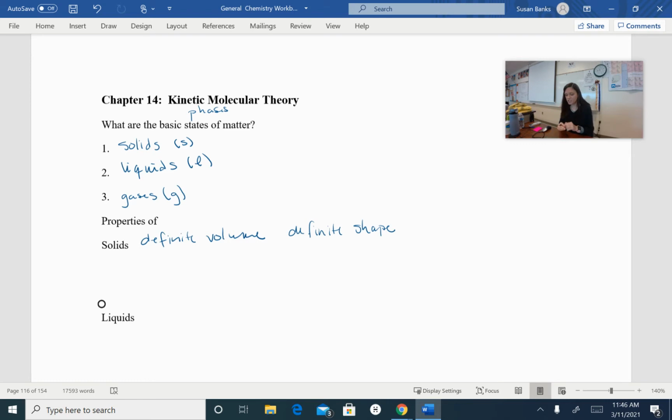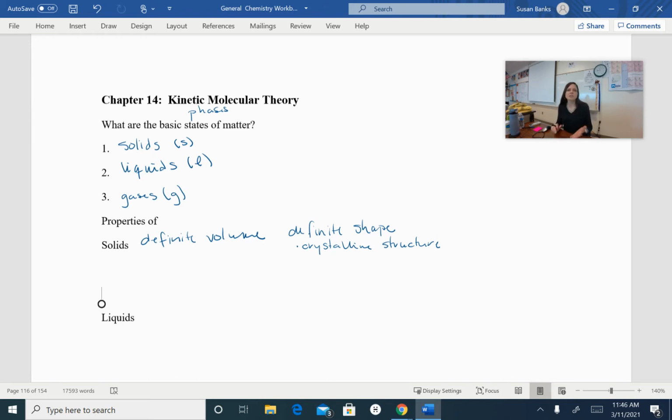Okay, that definite shape comes from a couple of things. It comes from having a crystalline structure. So if I actually looked on an electron microscope on solids, I would see a regular repeating pattern that will show me a crystalline structure on a solid.